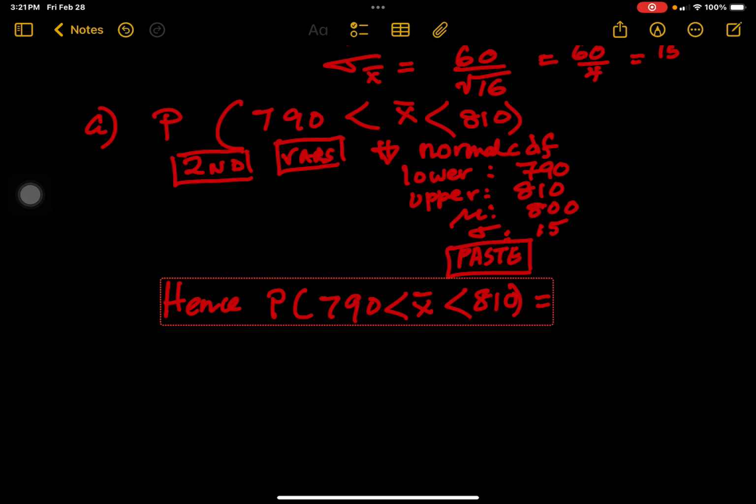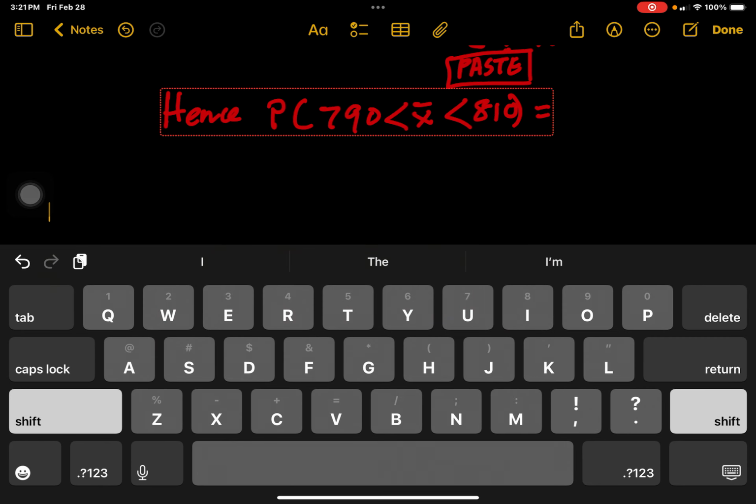Then I scroll down to normal CDF. My lower is 790. My upper is 810. My mean is 800. And my standard deviation is 15. And I go down on paste and hit enter twice.